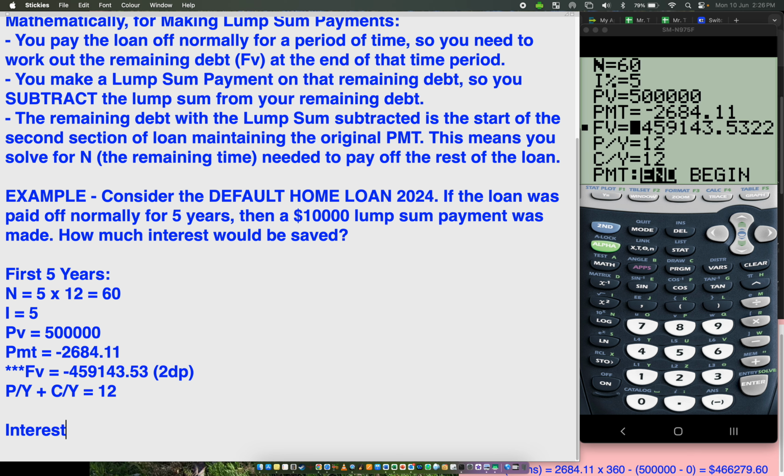So the interest you pay in the first 5 years is equal to 2684.11, the payments, times 60 payments, take away 500,000, which is what my debt started at, take away what I got it down to, which is 459,143.53.